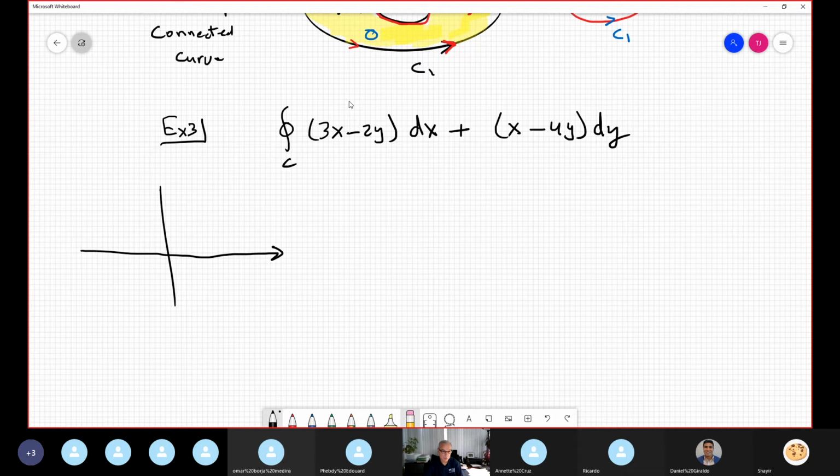Well, this circle, radius 1, and we have another circle, radius 4. And of course, the rotation is counterclockwise here and clockwise here. And our region in which you apply the Green theorem is this.